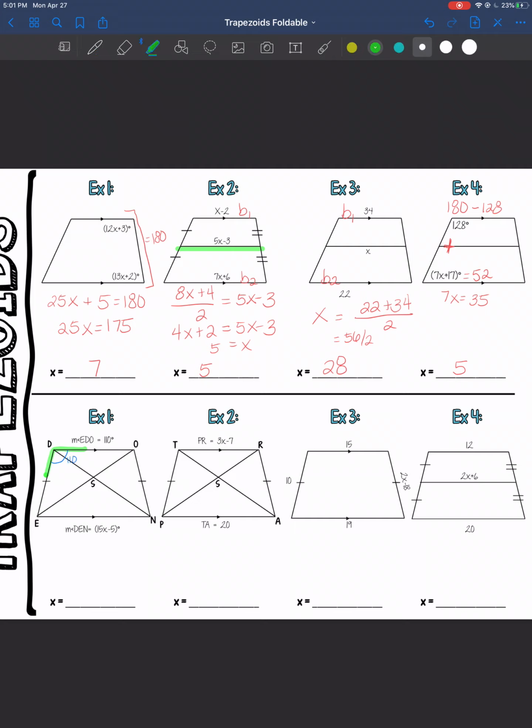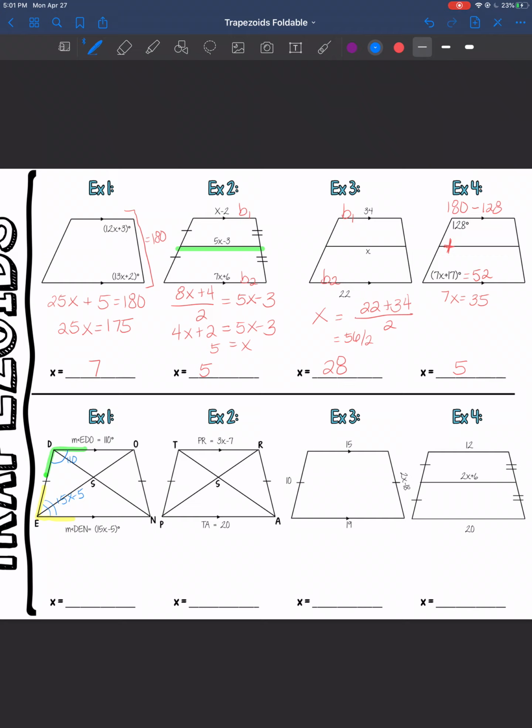Then you're given, switch colors for you, that DEN, which would be this angle, is 15x minus 5.